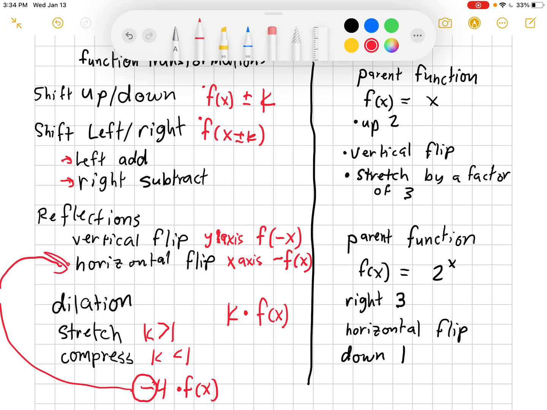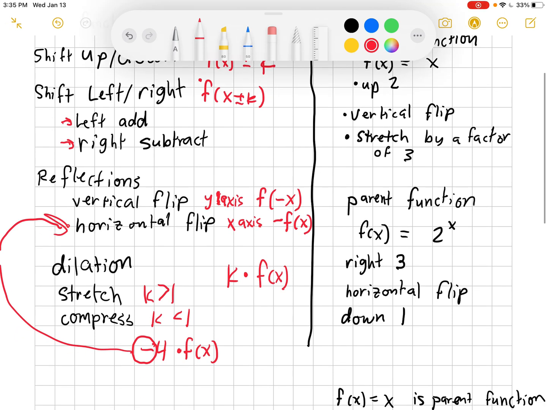So we're going to flip across the x-axis, and then we do our dilation with the 4. So for this particular function, we'd flip across the x-axis. And then we would stretch by a factor of 4.